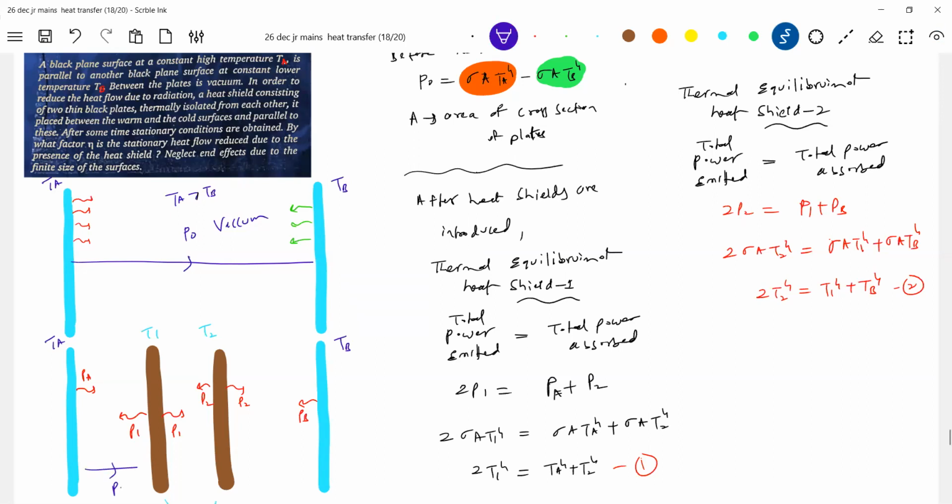First we have to solve and get expressions for T1 and T2 in terms of TA and TB. If I can get T1, no problem.